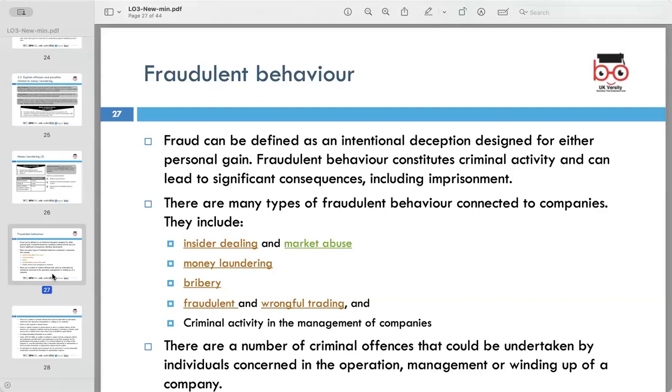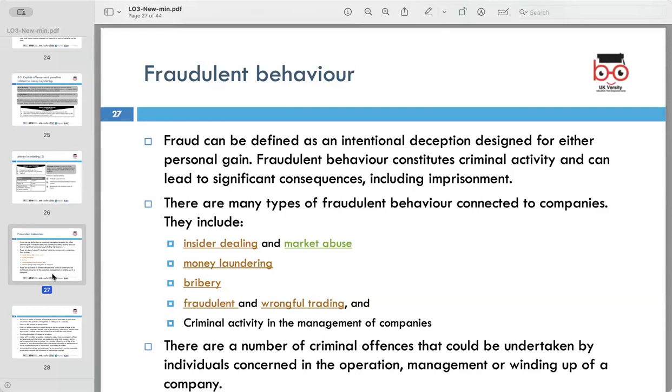So fraudulent behavior undermines trust in the financial system and poses significant risks to financial stability and integrity. As such, a robust regulatory framework and enforcement mechanisms are essential to detect, prevent, and prosecute fraudulent activities.